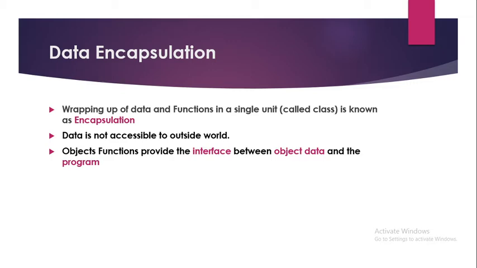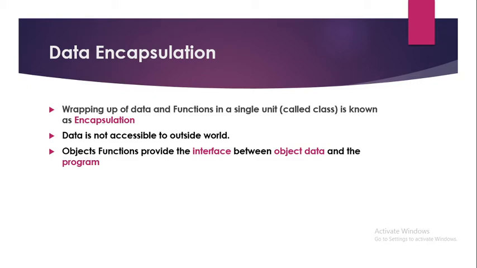Object functions provide the interface between object data and the program. As said, data within the object is not directly accessible to the outside world. Anybody can think, then what is the use of this data?